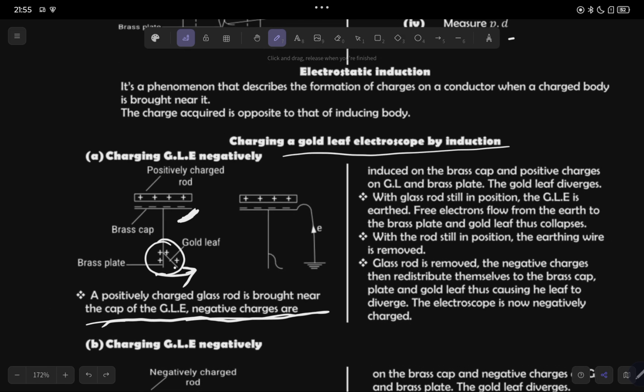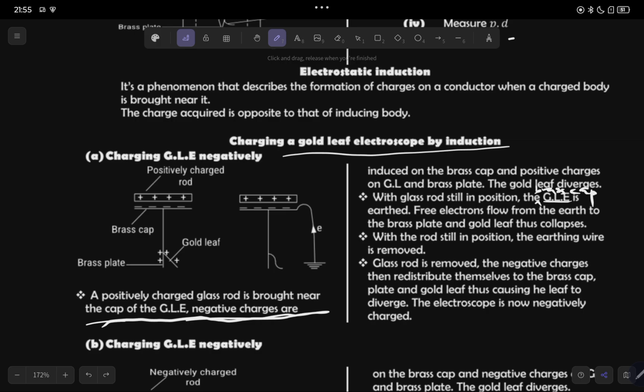Now, while we are still holding our positive rod in place, the brass cap of the gold leaf electroscope is earthed. You're doing it while you're still holding the positive charge in place.